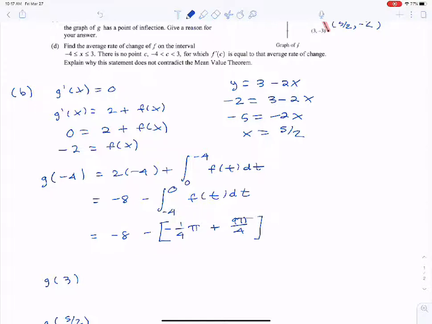Okay, so let's see. And that gives us, just to do a quick evaluation here, that looks like it's negative 8 plus 8 pi over 4, so 2 pi, minus 2 pi. Okay? In regards to finding g of negative 4, see if you have any questions.